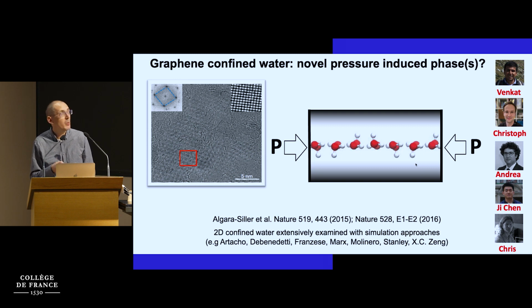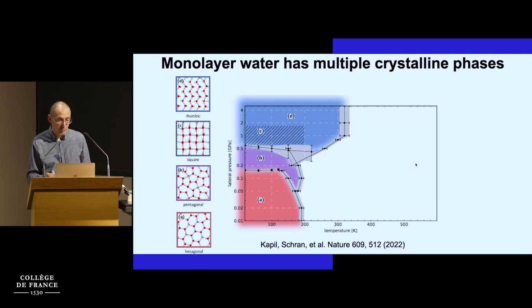We do structure searching: we use a random structure search protocol to characterize stable configurations, and then we use thermodynamic integration techniques and molecular dynamics to explore phase diagrams and phase boundaries.